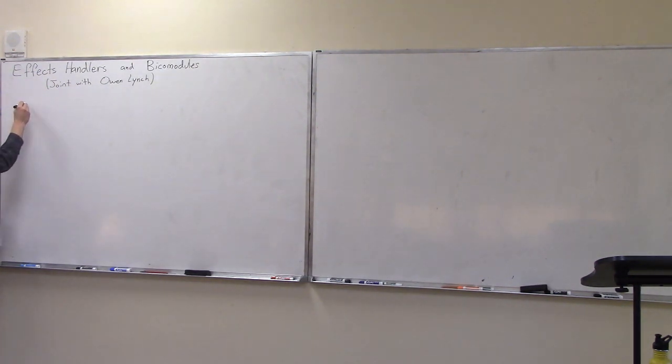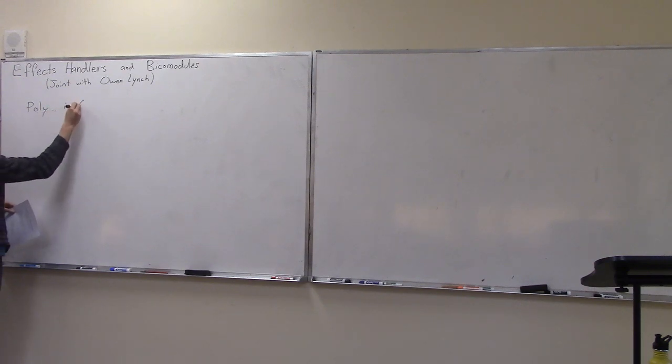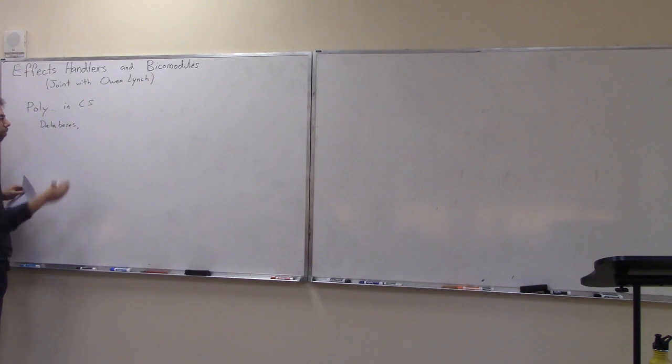Today we'll be talking about poly, as usual for me, and poly comes up in CS in all sorts of places. It comes up in databases, because databases can be understood as categories and co-presheaves on them, and those are polynomial comonads and bicomodules or coalgebras.